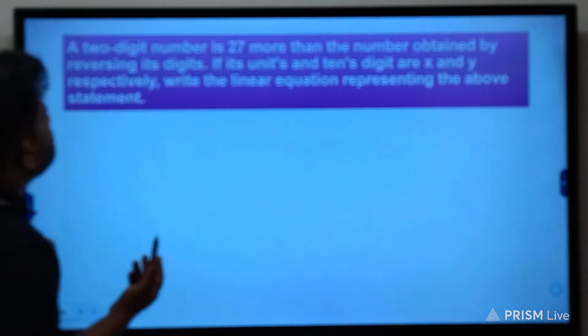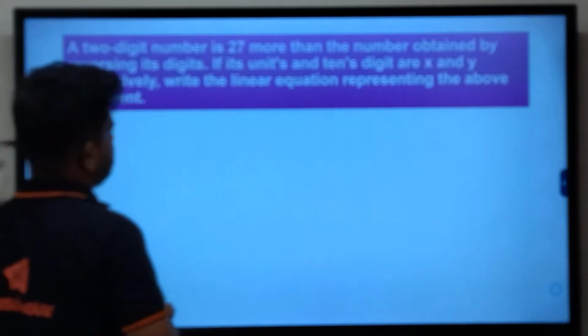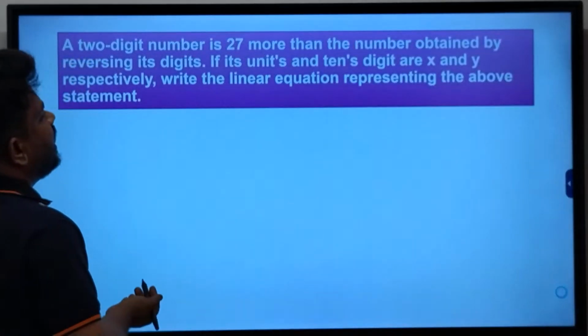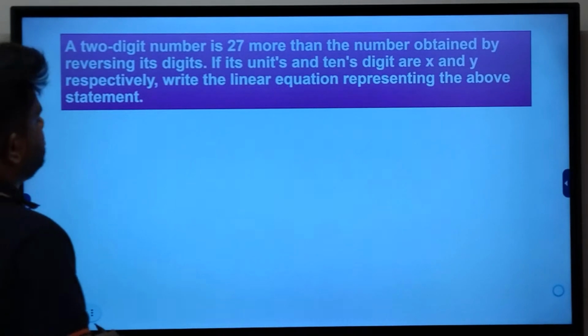A 2-digit number is 27 more than the number obtained by reversing its digits. If its units and tens digits are x and y respectively, write the linear equation representing the above statement. Yes, here they have asked us just to write the linear equation.